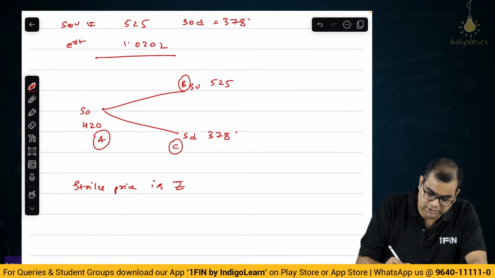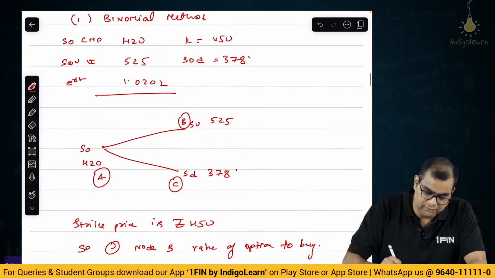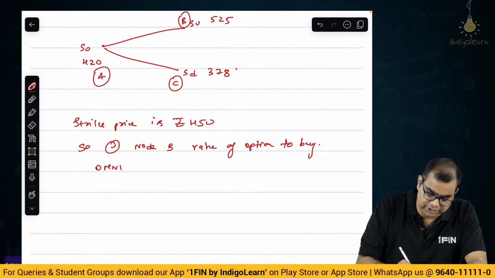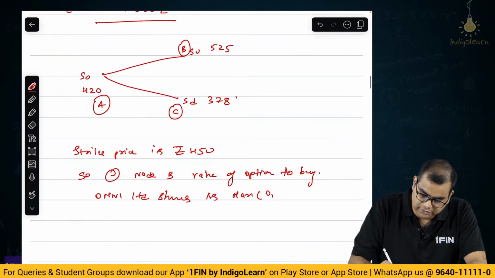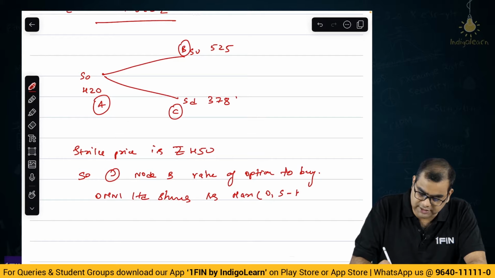So at node B, the value of the option to buy Omni Limited shares is max of 0, spot minus exercise price.